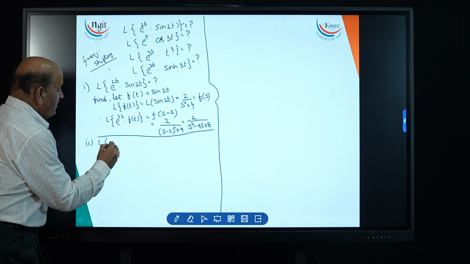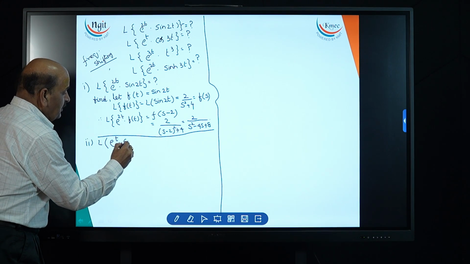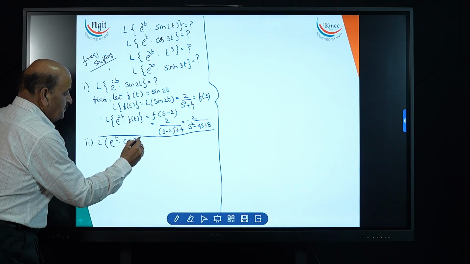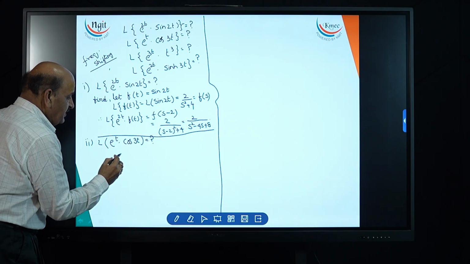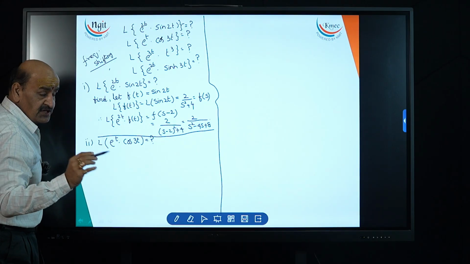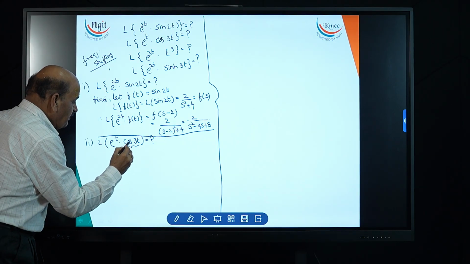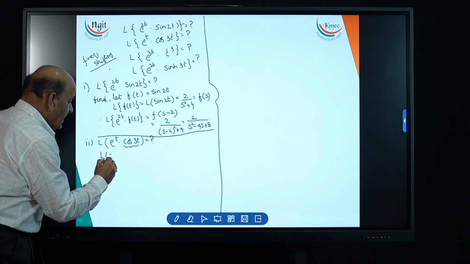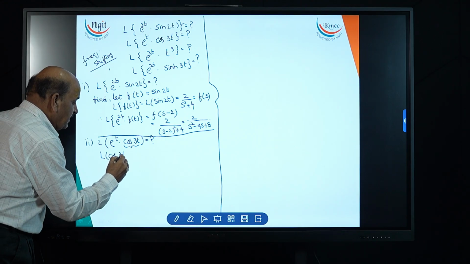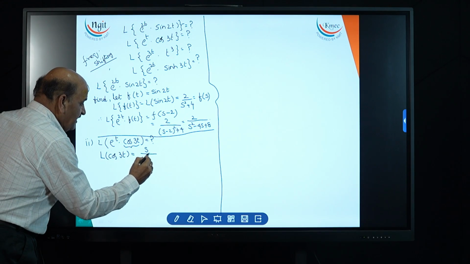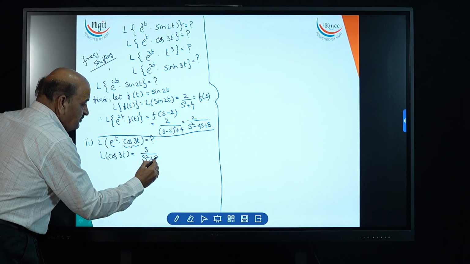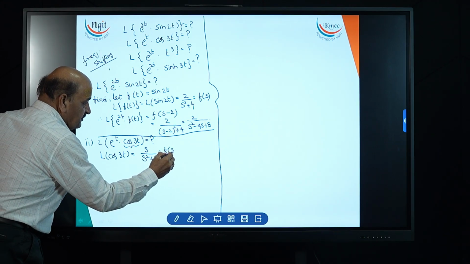Laplace transformation of e power t into cos 3t. In this case, don't look at the exponential. Firstly, we just keep cos 3t. Laplace transformation of cos 3t is s by s square plus 9. Let it be f of s.